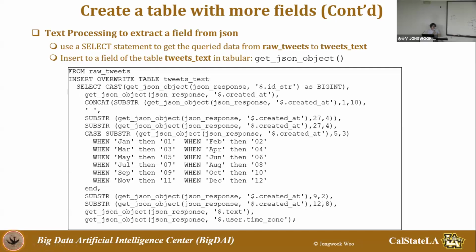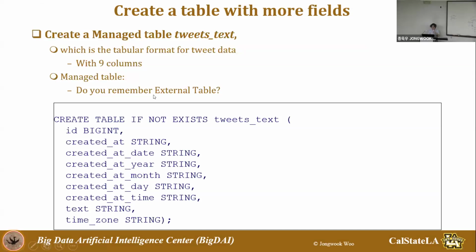Okay. Do you guys have any question at this moment? Even though this is very complicated code, the big picture is you are inserting the data into the Twitch text table that you just created, right? And it has eight columns, right?